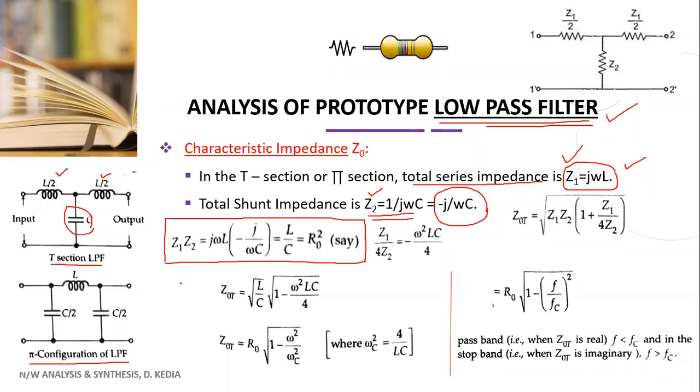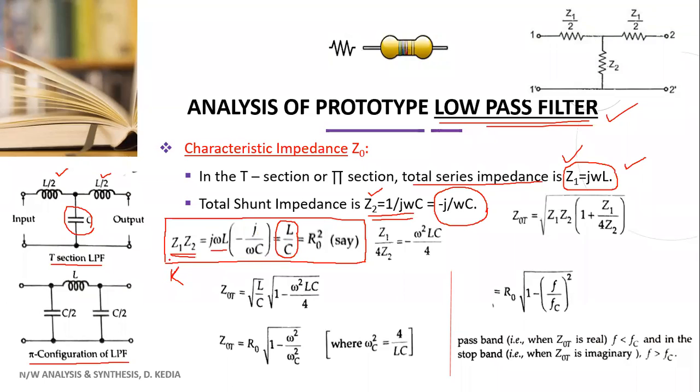Now what was the condition for our constant K low pass filter or constant K filter? The condition was that Z1 into Z2 must be equal to some constant K. So we need to now find out the value of Z1 Z2. If we do that, Z1 is j omega L, Z2 is minus j by omega C, we get L by C, where L is also some constant, C is also some constant.